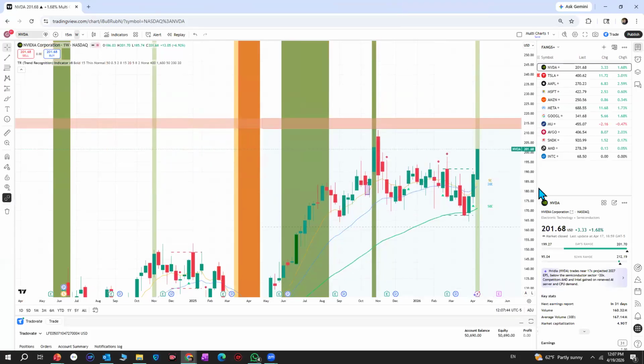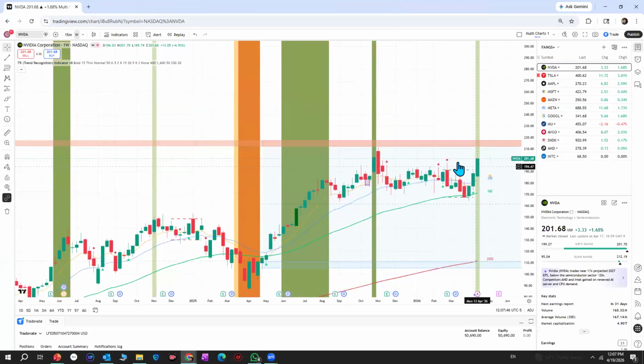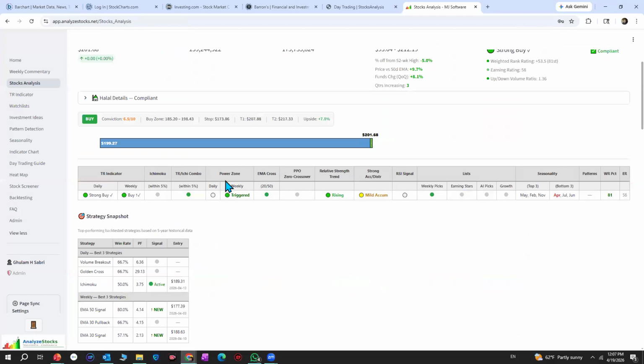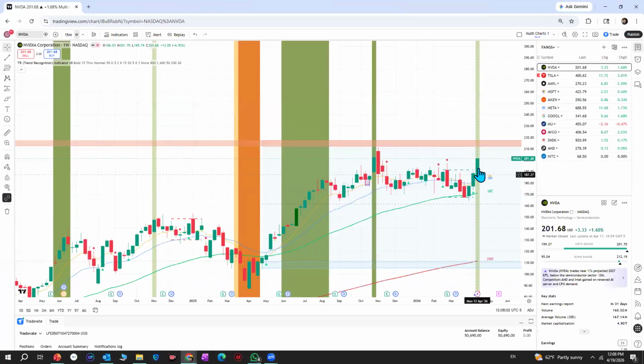This was the power zone I was talking about, a tight range breakout on the weekly chart from right here. So in other words, that software which I was sharing with you, this is a signal. Power zone weekly triggered this green signal. This is telling you that on this NVIDIA chart, this signal has been triggered.